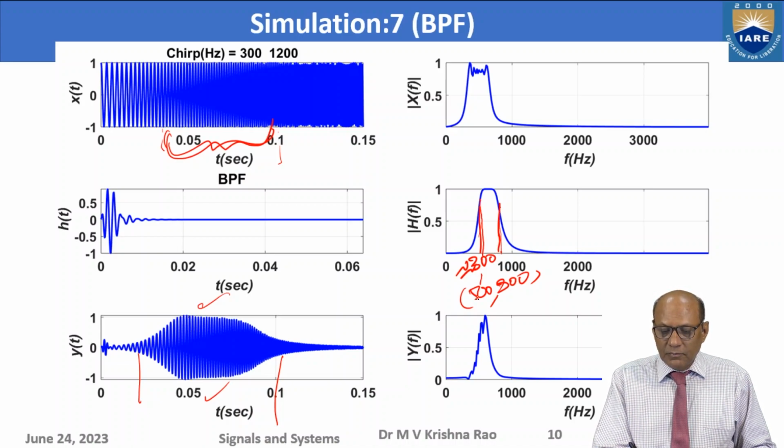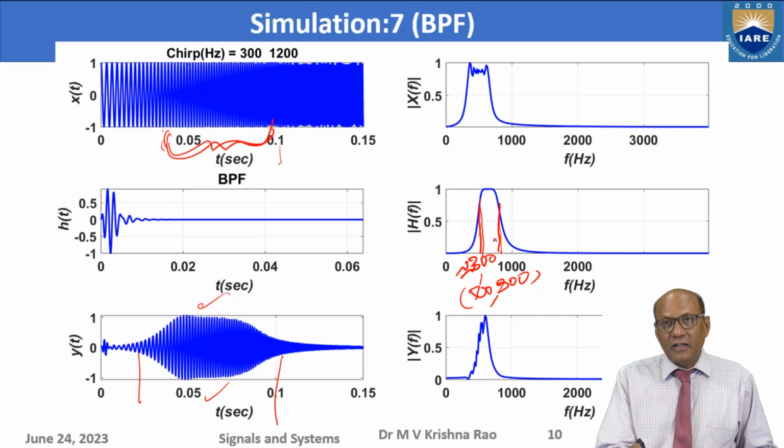Bandwidth is 800 minus 500, that is 300. So basically, this filter passes all frequencies between 500 and 800.